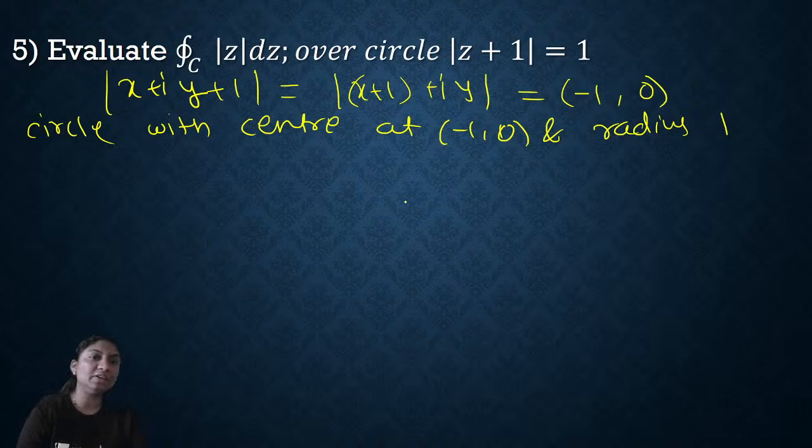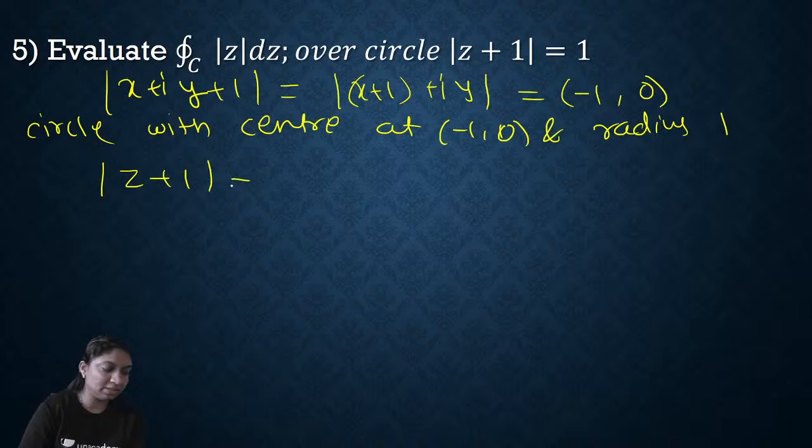Now we have to evaluate only the mod z. So we know that mod of z plus 1 is equal to 1, right? So यहाँ पे r is equal to 1 है, z is equal to r e raised to I theta, है ना?